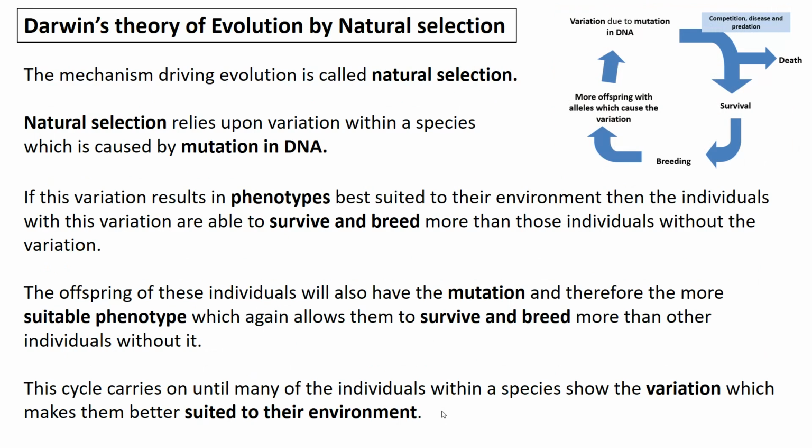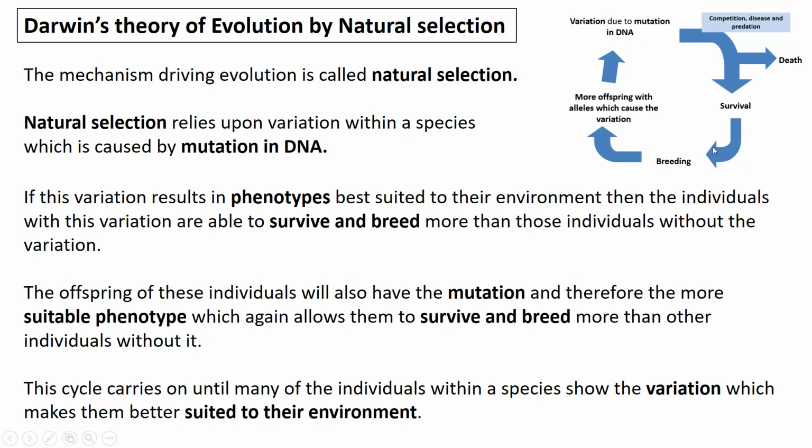And Darwin's idea of natural selection could be summarised by this little diagram shown on this slide. So this is the mechanism of natural selection which drives evolution. Natural selection really relies on variation, and variation within a species arises because of mutation in DNA. What that variation will result in is different phenotypes which are suited to the environment. If they're best suited to the environment, that will help an individual to survive. And if that individual survives, they're more likely to breed.